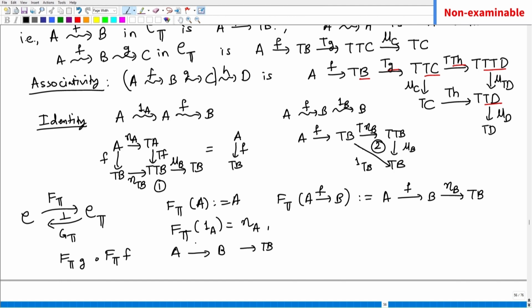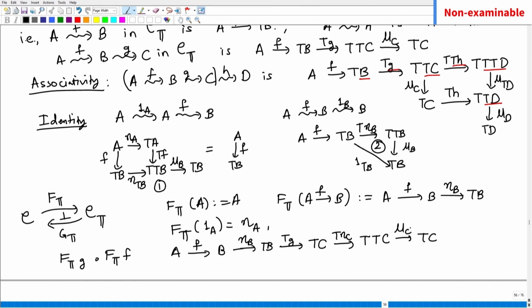Right, so that is just F, this is eta B. Then we have to compose in category CT. What does that mean? You take the same thing but by applying T to everything. So this will be TG from TB to TC, and then T eta C to TTC, and then finally we will have TC, and this will be mu C.